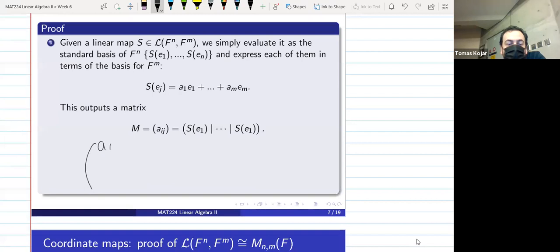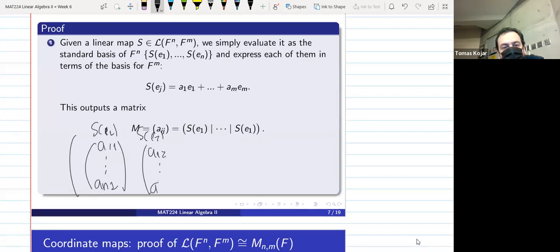It will be A_{1,1} down to A_{N,1}. This is the S of E1. Then S of E2 is A_{1,2} down to A_{N,2}. And then S of EN is A_{1,N} down to A_{N,N}.